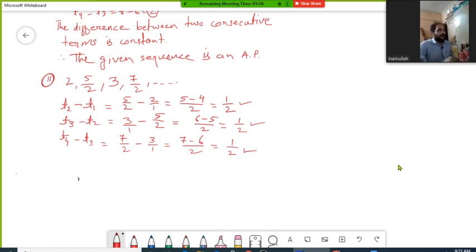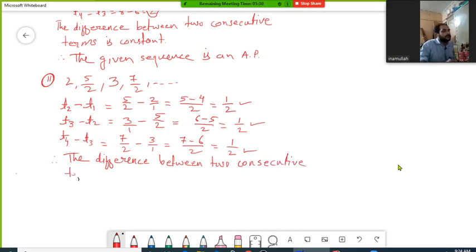So here you can say, therefore the difference between two consecutive terms is constant.